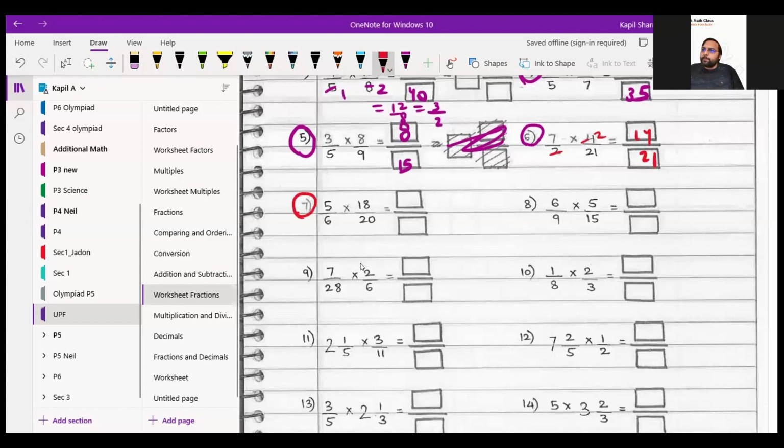Okay, seventh one. Okay, let's not solve all of them. Let's try seventh one.